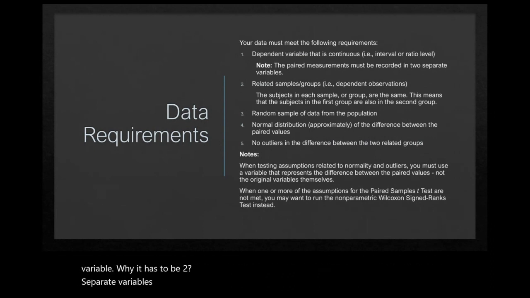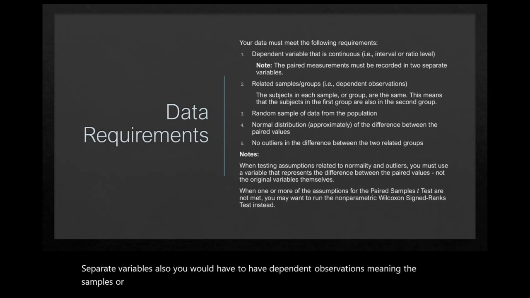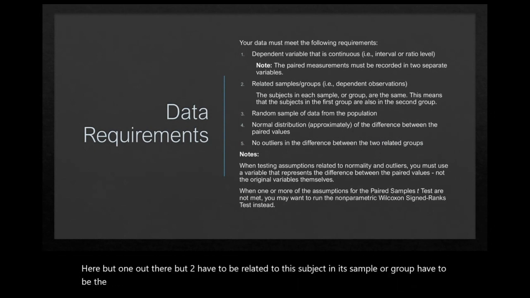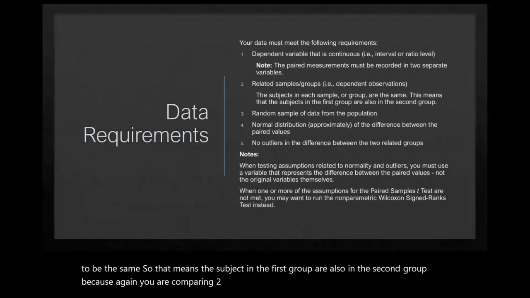Also, you would have to have dependent observations, meaning the samples or groups for variable 1 and variable 2 have to be related. So the subjects in each sample or group have to be the same. So that means the subjects in the first group are also in the second group, because again, you are comparing two values, but for the same individual or unit, right?